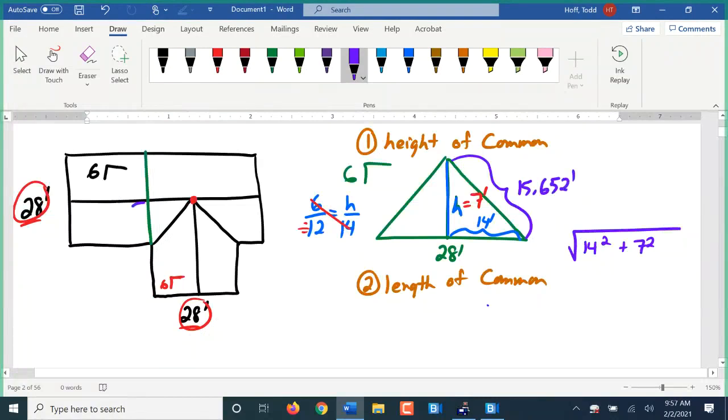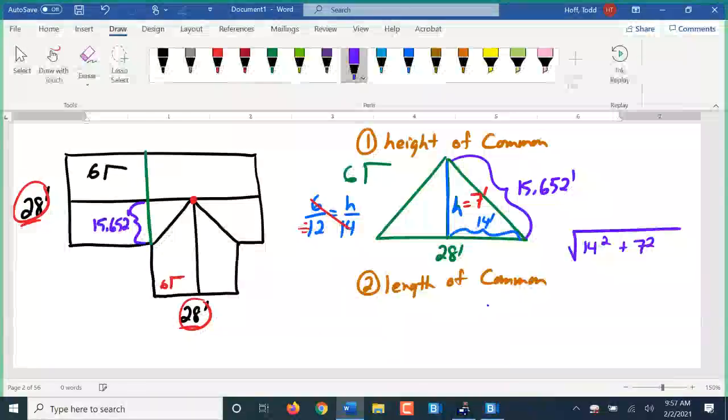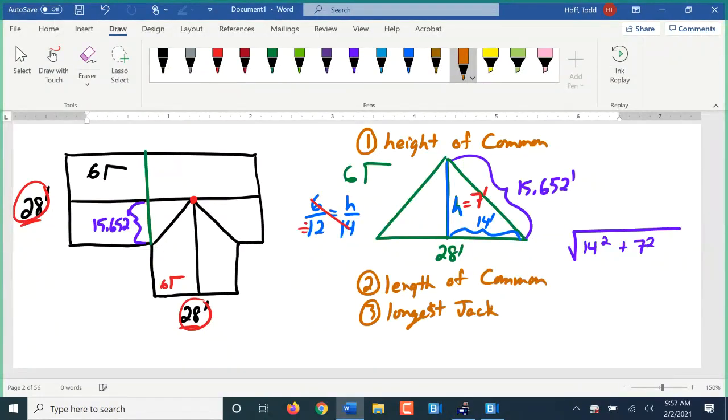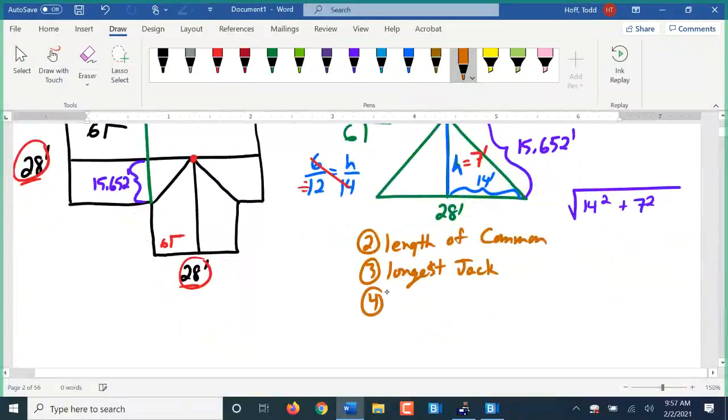So this distance is 15.652 feet. Now we are ready. That common rafter is our longest jack. We don't even have to rewrite it because it's in the position of the longest jack. So we jump to that next step, which is the next longest jack.